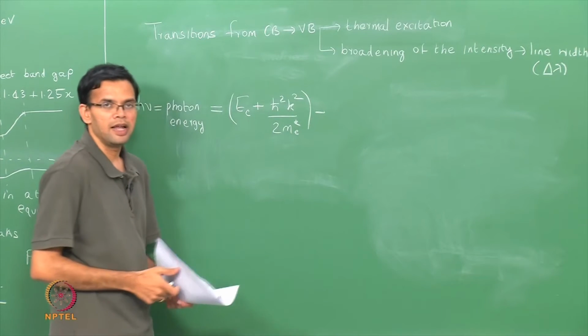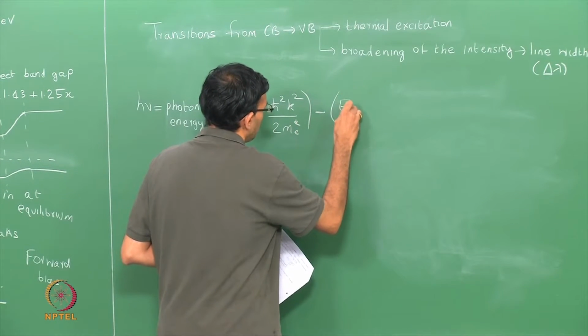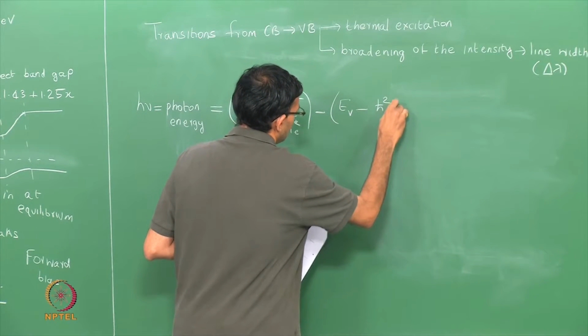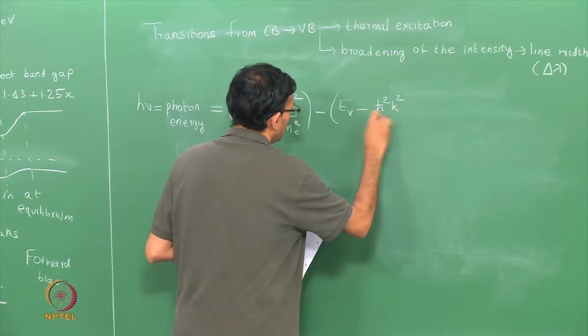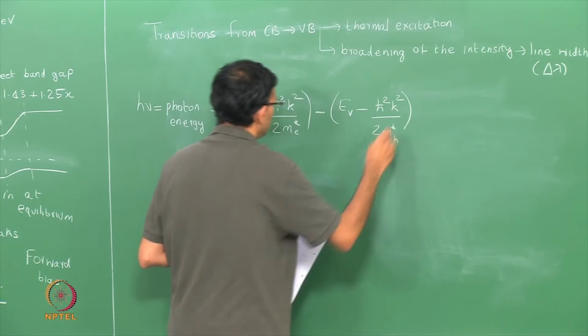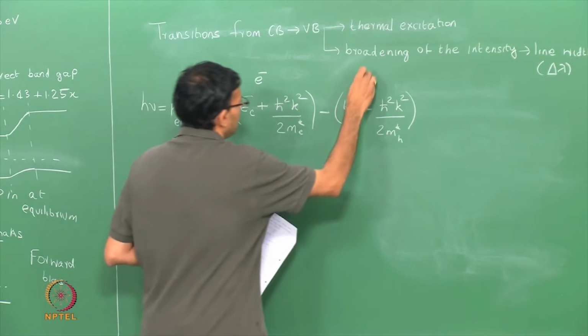This represents the energy of the electron minus the energy of the hole, E v minus h bar square k square over 2 m h star. So, this is the energy of the electron, this is the energy of the hole.